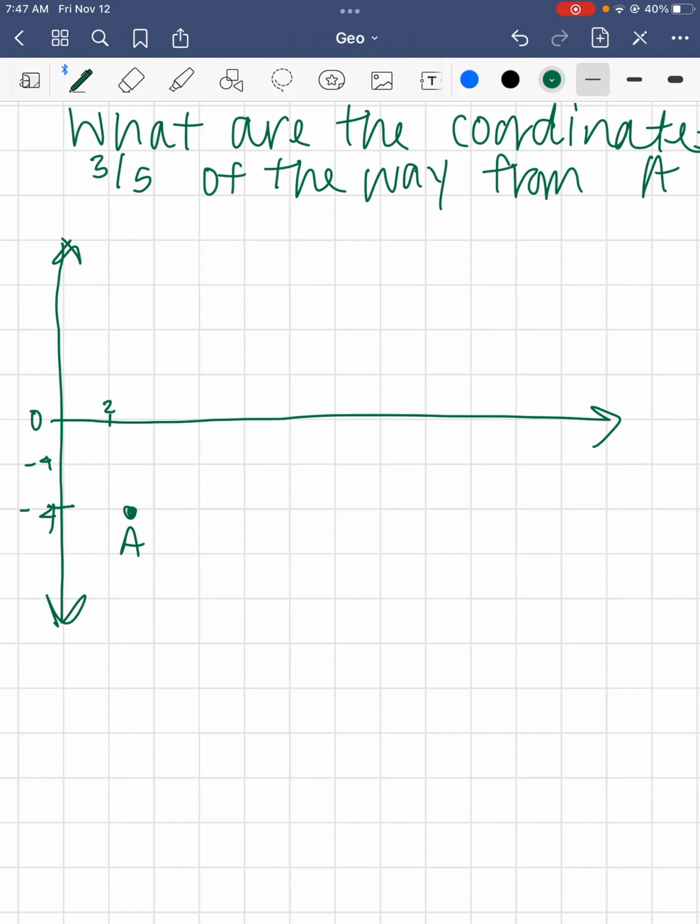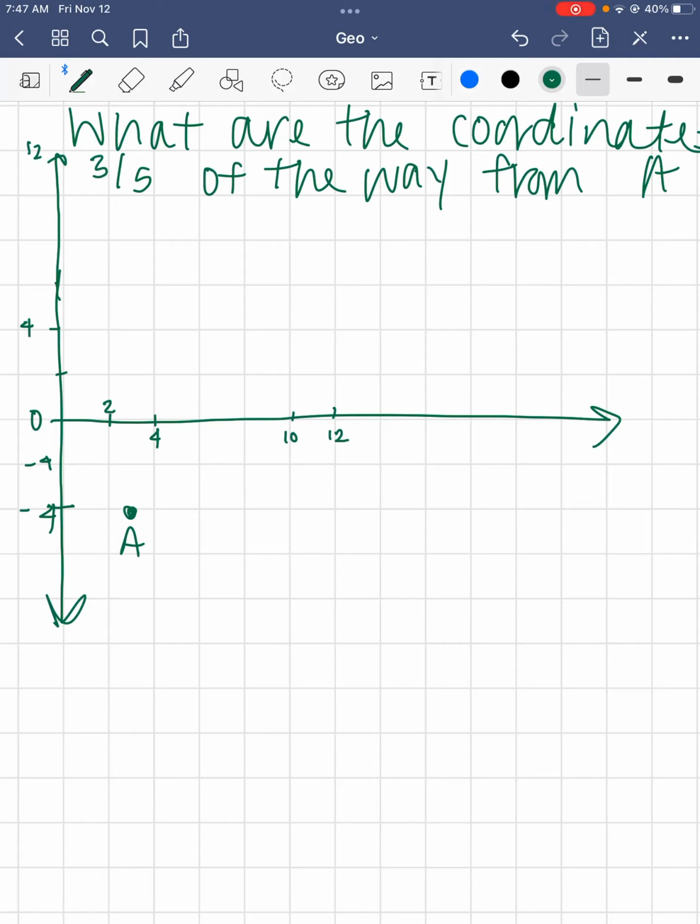Okay, and it looks like B is, this is 4, 6, 8, 10. This is 12. Looks like B is at 13 and 11. So here is 2, 4. Uh-oh, we might run out of room here. 2, 4, 6, 8, 10.